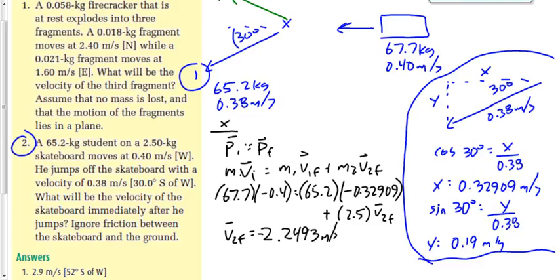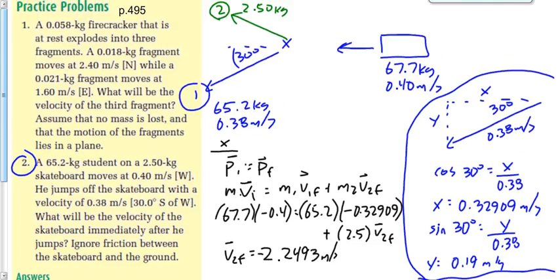That's the x component of my final answer. When I drew my picture up here, I made an educated guess that the skateboard was going to go to the left and up, but I said I wasn't positive it was going to go to the left. Now I am, because I just got a negative value for the x component of the final velocity.